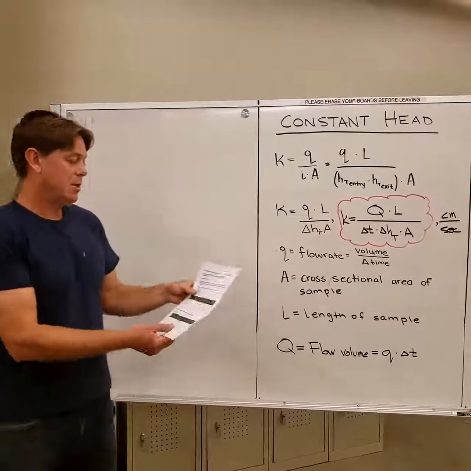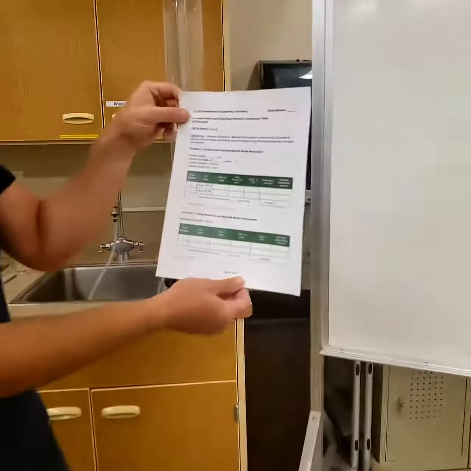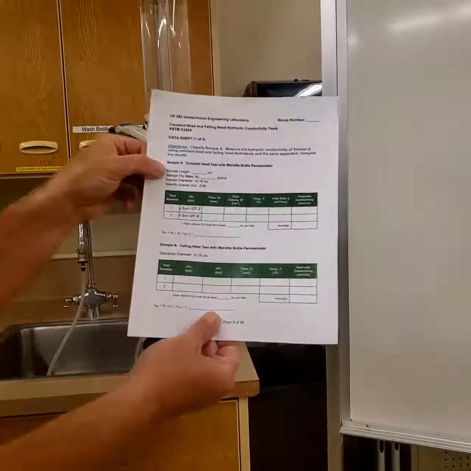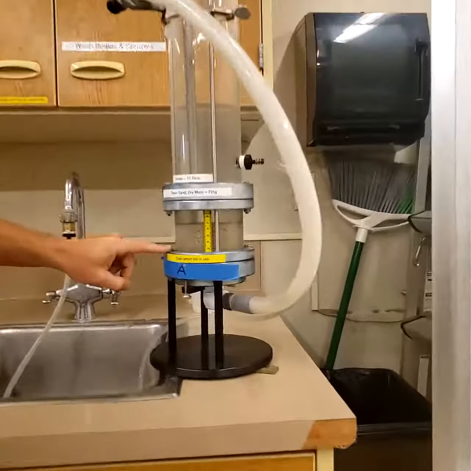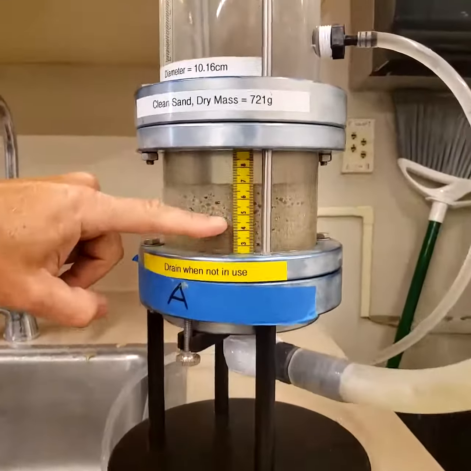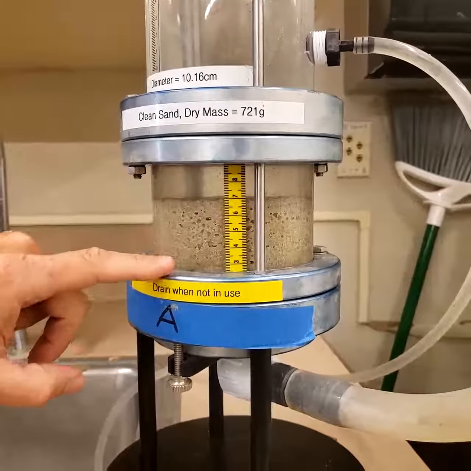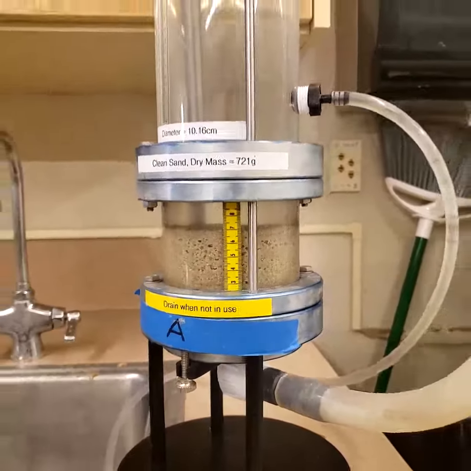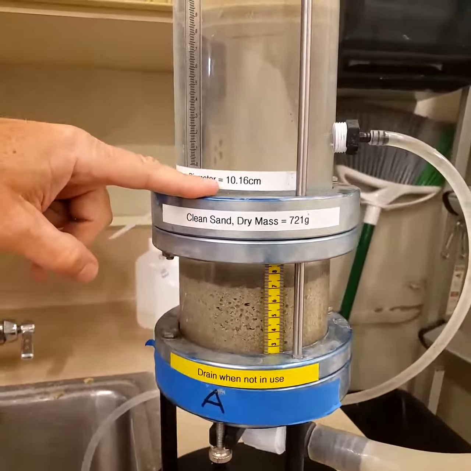So for this test, this is the data sheet. The sample length: if you have a look down here at the sample, there's a little ruler right here, and it shows the height of the sample. It looks like 7 centimeters. The diameter is also on the data sheet, but it's here, so that's 10.16 centimeters.